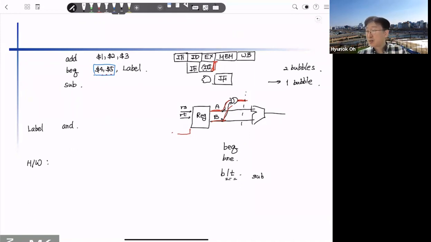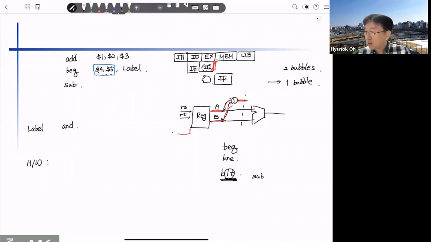So this subtraction cannot be completed in the instruction decode stage. That's the reason why such a branch is not available. Only the simplest comparisons, like equal or not equal, are available, because they can be completed in the instruction decode stage.